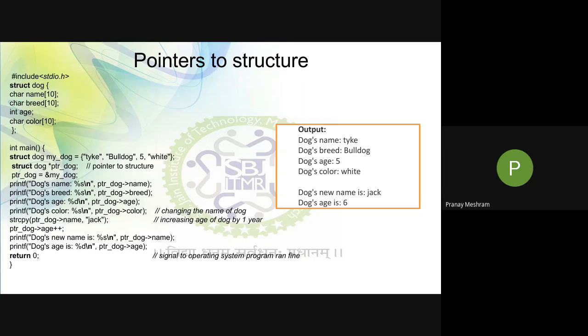After that we are creating a pointer to the structure, a pointer variable which will point to this my_dog structure variable.